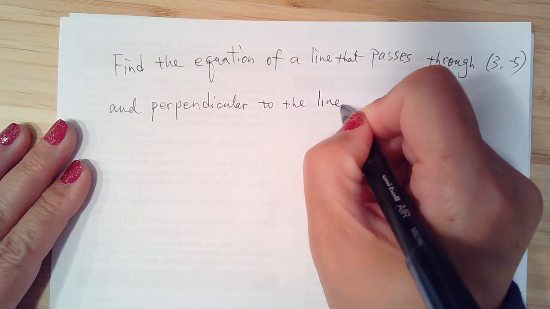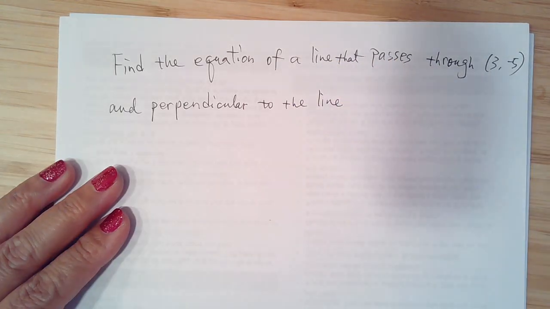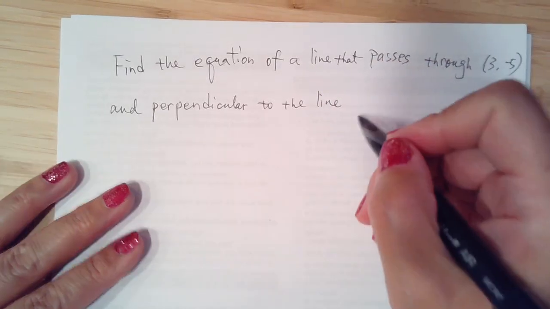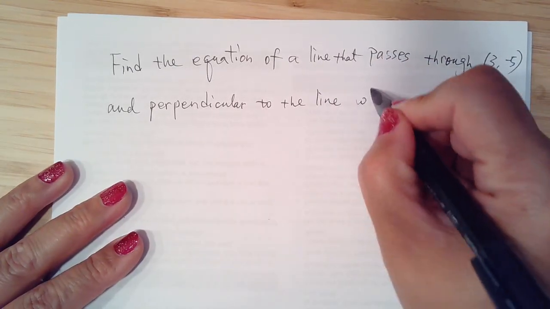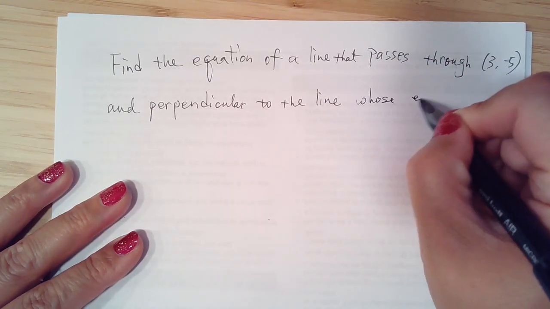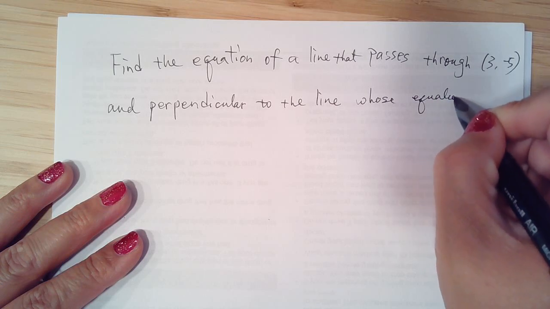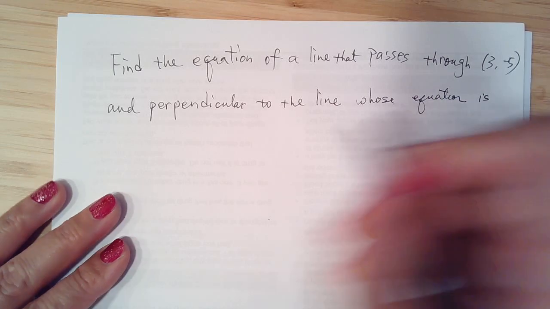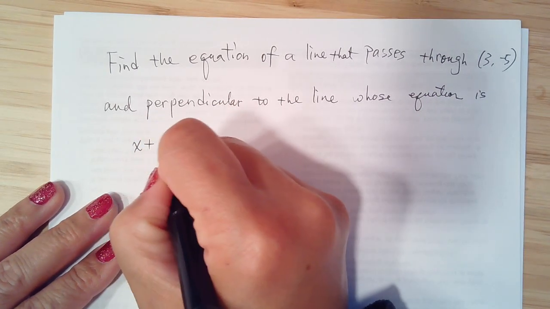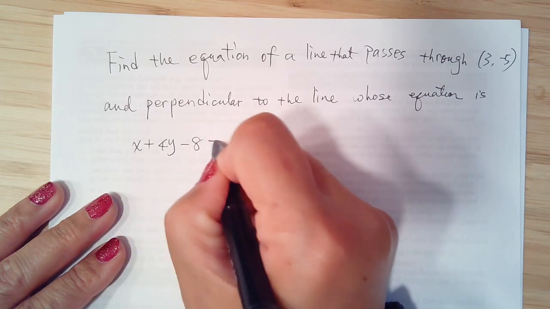It sounds familiar, right? I think right now you're very confident. Say, yes, I know how to do it. To the line whose equation is x plus 4y minus 8 equals 0.